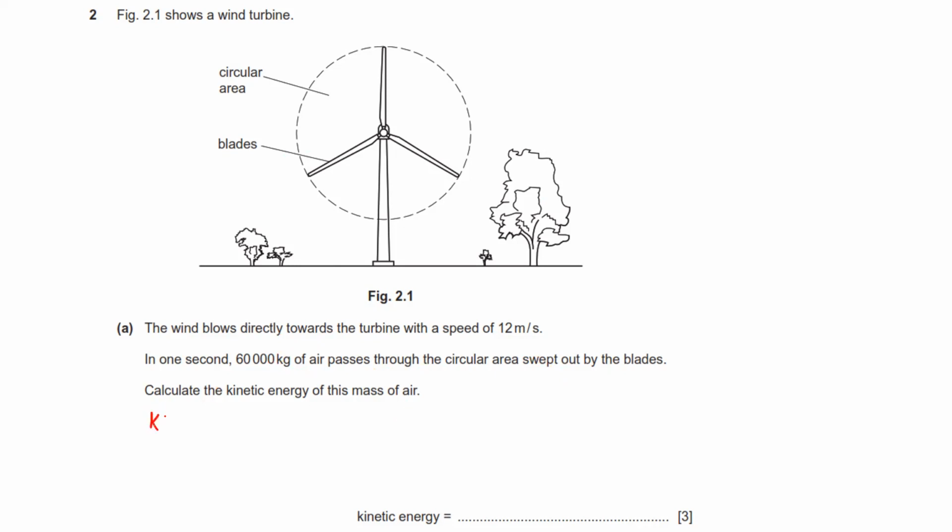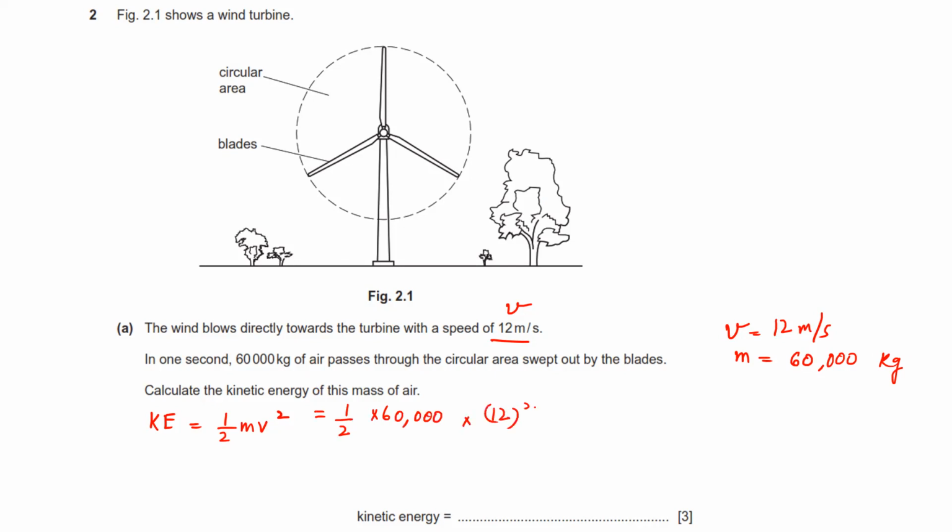So remember, kinetic energy is given by half mv square. So here the velocity is 12 meters per second and mass is 60,000 kilograms. So the value will be half into 60,000 multiplied by 12 square.